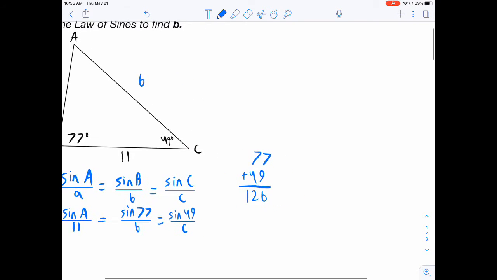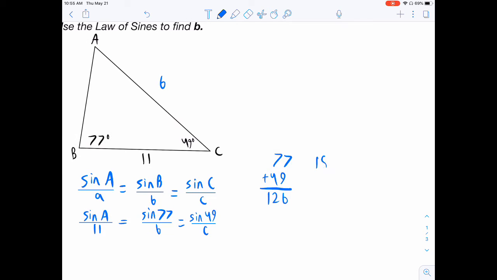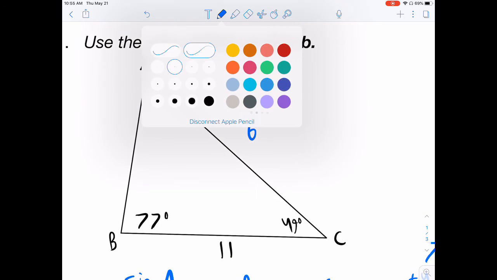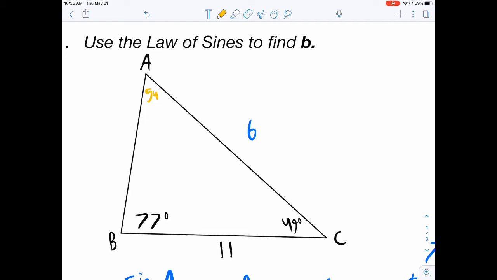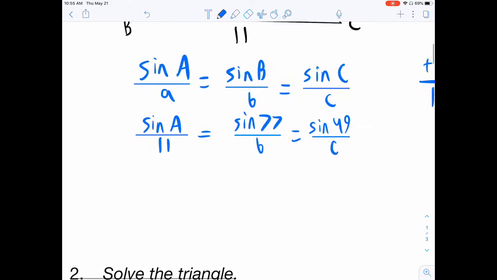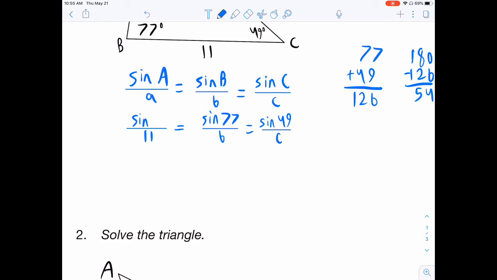And so if you know how to solve for any triangle, you would know that you subtract 126 from 180, and you get, as a result, 54. Which means this angle up here will be 54 degrees.